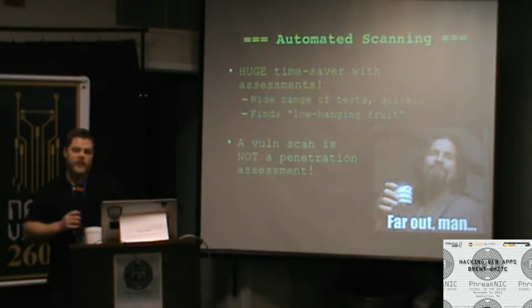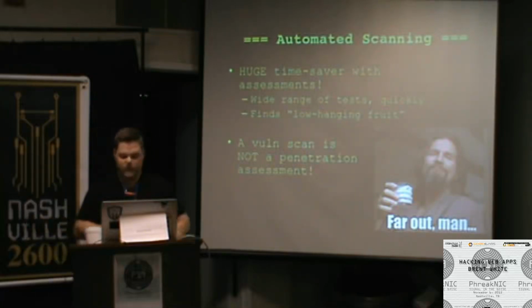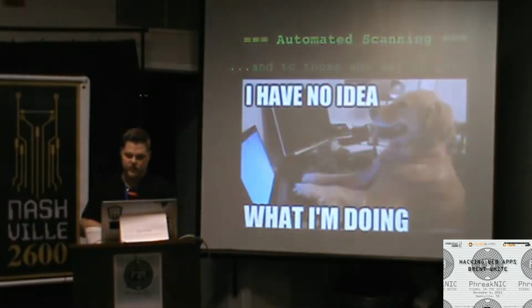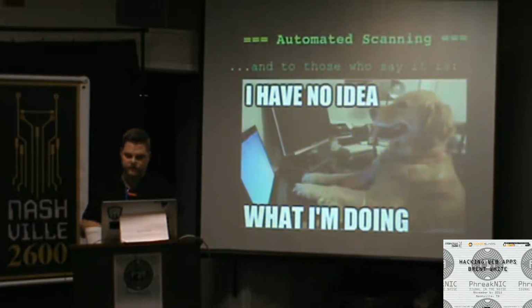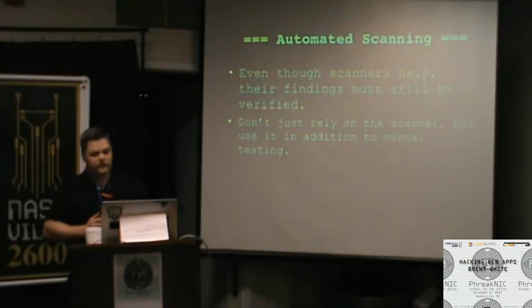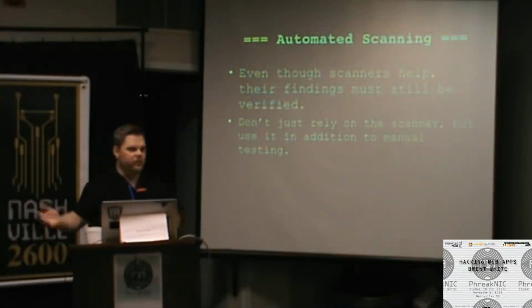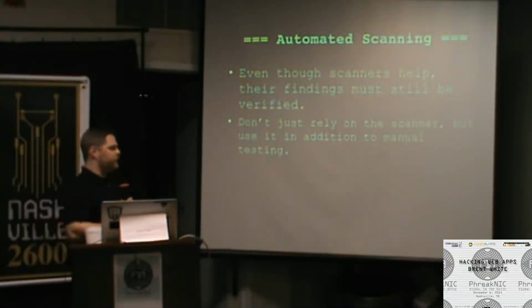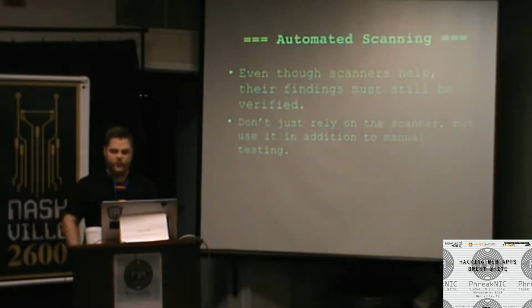However, a vulnerability scan is not a pen test. It's just a vulnerability scan. So to those who say that a vuln scan is a pen test, there you go. So why is it not a pen test? Well, it's just scanning for vulnerabilities. It's not going through and trying to exploit those even further, and you're going to get false positives.